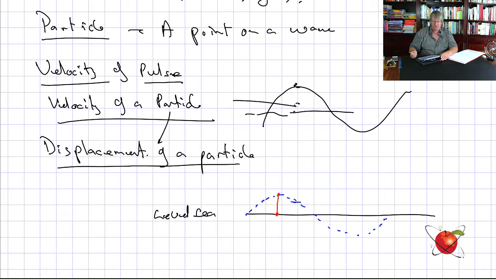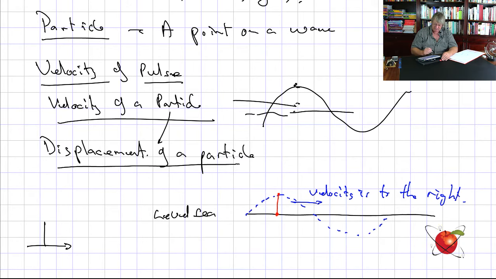All right. The wave is going which way? It's moving that way. So the velocity is to the right, isn't it? It's moving to the right. But me, I'm going up and down. So if the wave is moving that way, I am moving perpendicular to the direction of the wave. Okay? So I'm moving perpendicular.